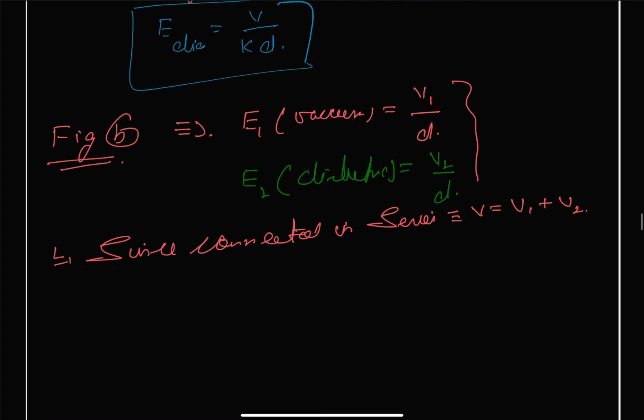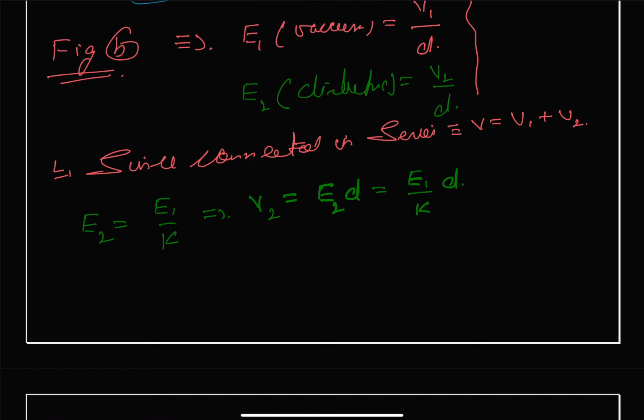E2 will be equal to E1 upon K, so from here we can say that V2 will be equal to E2 times D, and we can substitute it: this will be E1 upon K times D. Therefore, the total voltage V will be E1 D plus E2 D, and we can substitute E2 D as E1 D divided by K. We can take E1 D as common, so this comes as E1 D times 1 plus 1 upon K.